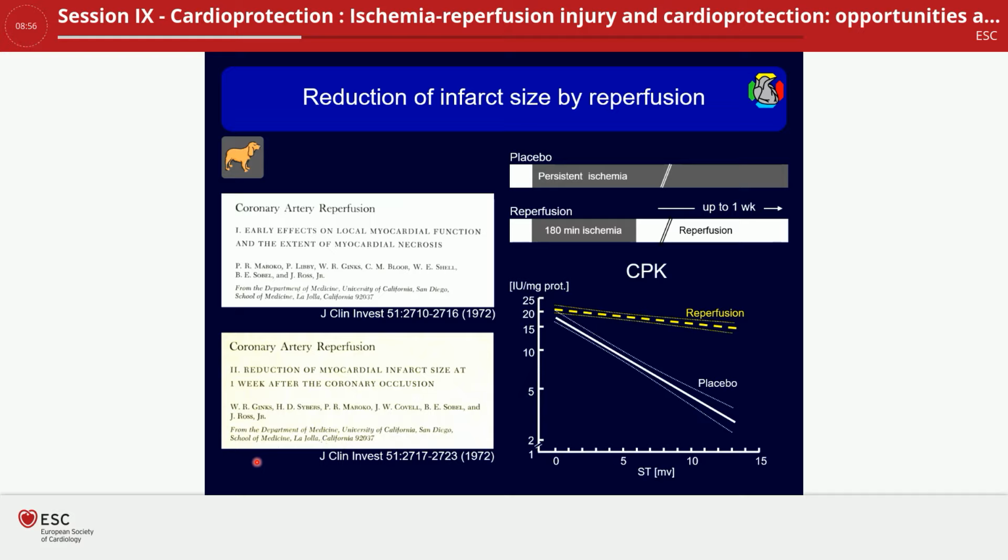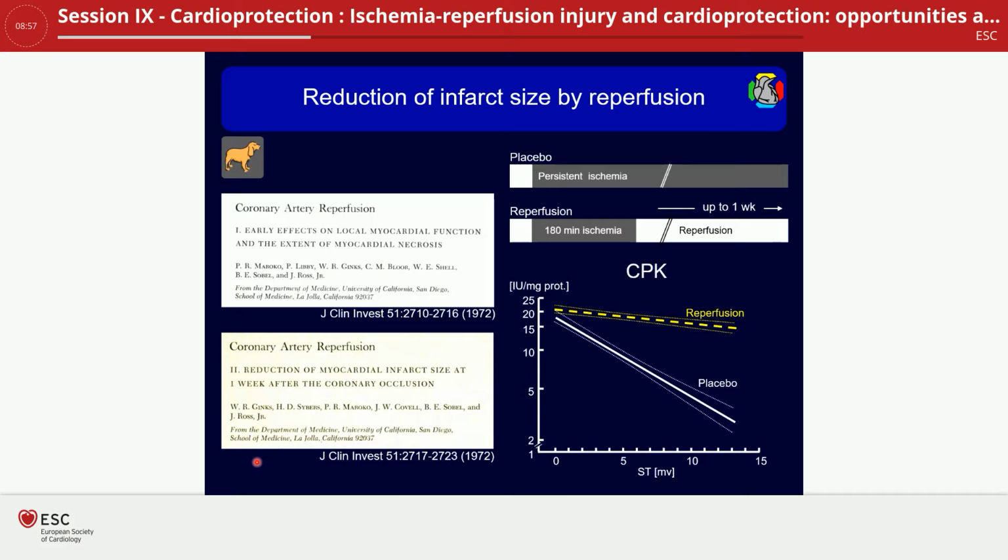And this was actually the first study ever that showed that if you compare a persistent coronary artery occlusion in the upper part, or you reperfuse, reopen the occluded coronary artery after 3 hours of occlusion, then the creatine kinase content of the myocardium, as a sign of viability, of membrane integrity, would stay higher with reperfusion than if you do not reperfuse, where it would continuously decline and be released into the bloodstream.